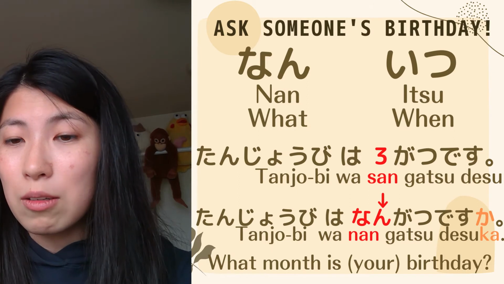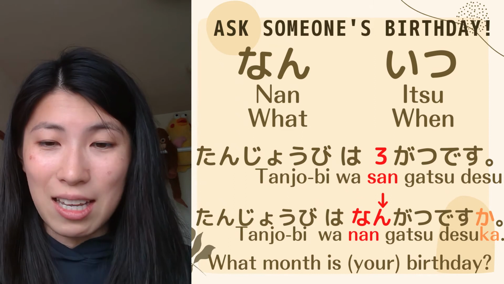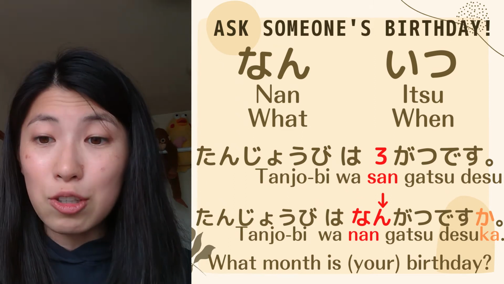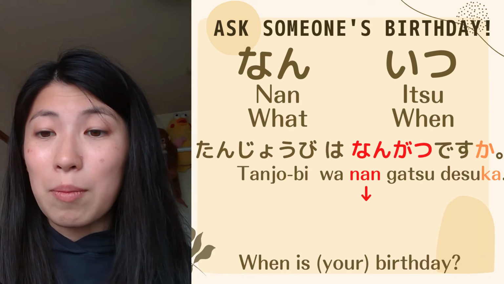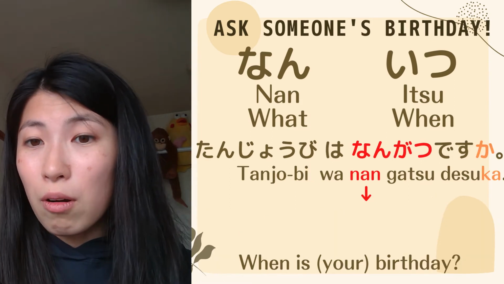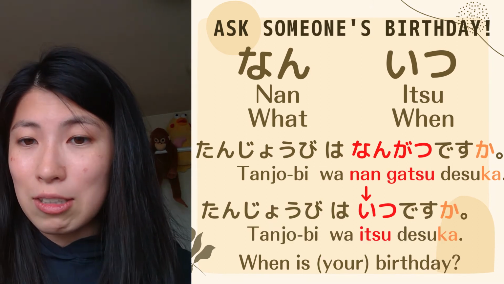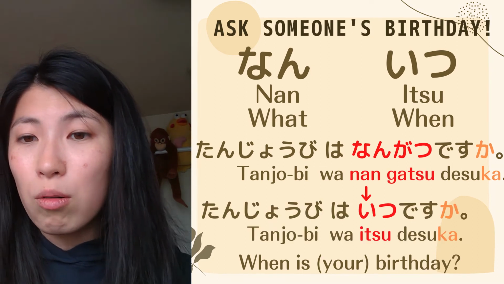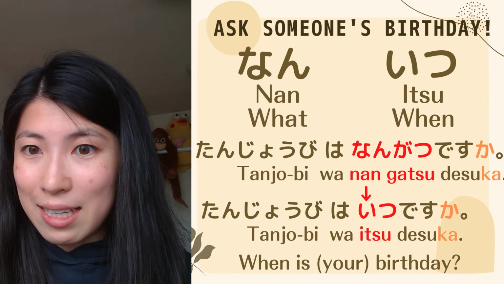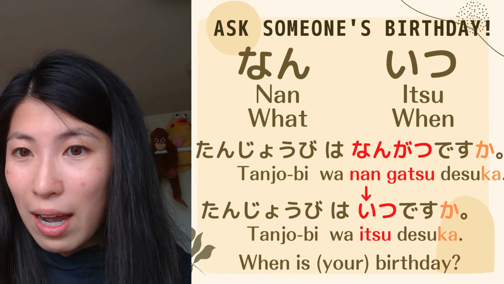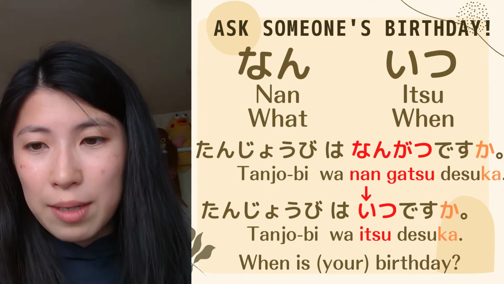So the sentence is going to be 誕生日は何月ですか？ But instead of 何月, of course you can use the word いつ. So you can also say 誕生日はいつですか？ Either way is fine.